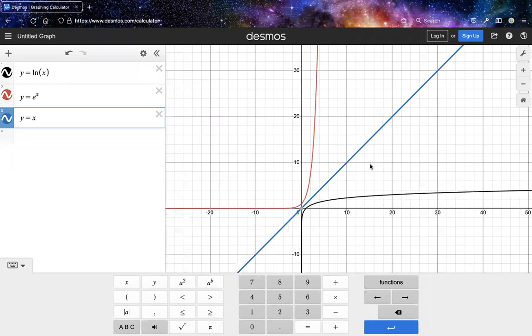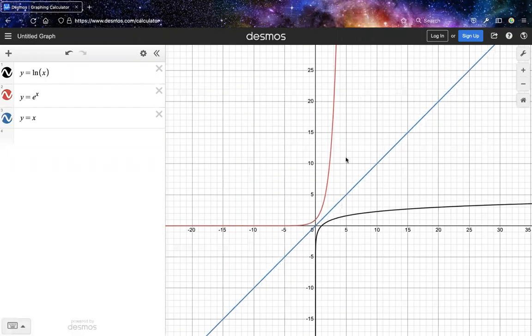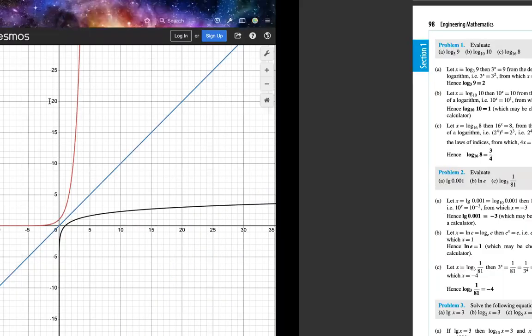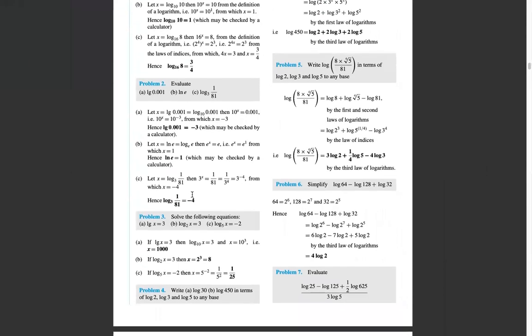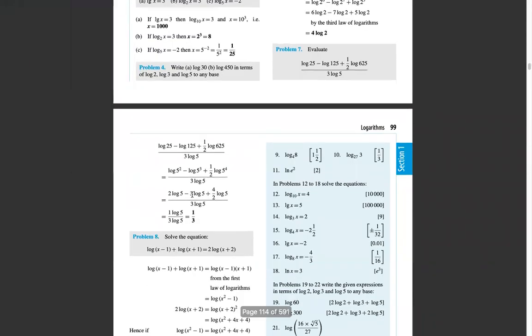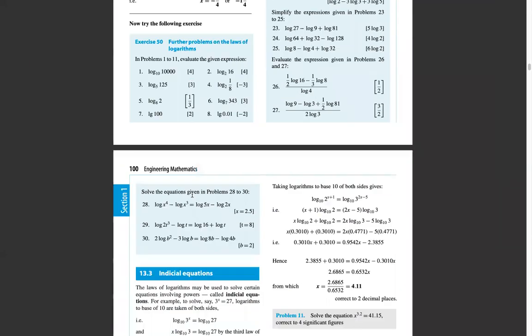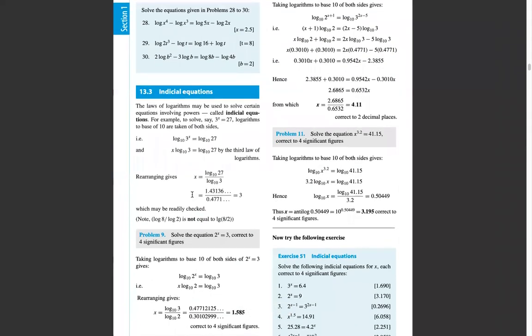So if you reflect either curve in the line y equals x, you get the other curve, right? So ln x and e to the x are the inverses of each other, the reflections of each other in a sense. You could look at some of these examples here in the book and some of the answers to see how they do it.